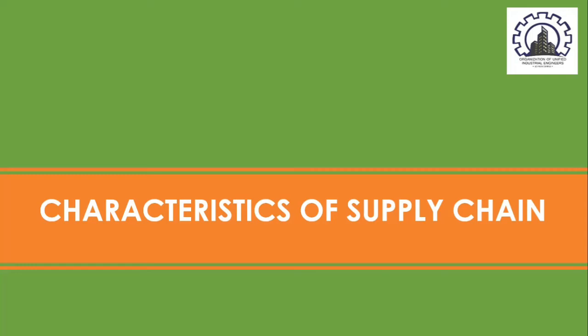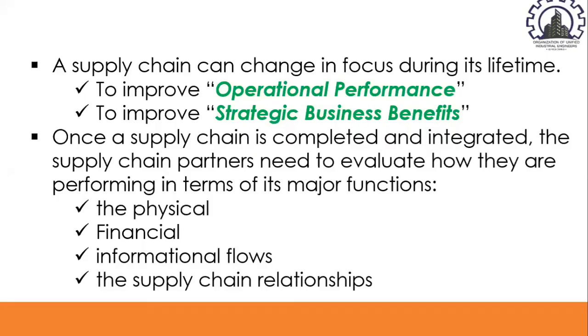Now, a supply chain can change in focus during its lifetime to improve operational performance. In its early stages, supply chain managers seek to improve operational performance by increasing efficiency, improving resource allocation, accurately predicting customer demand, increasing cash flow speed, and eliminating waste.